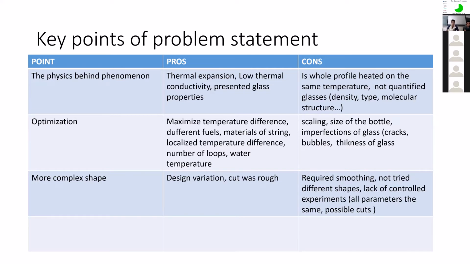Then he proposed a design variation to cut a more complex shape out of glass. Although he did mention to cut a shape that wasn't a straight line, the cut was relatively rough and it required smoothing. And he did not try different shapes.